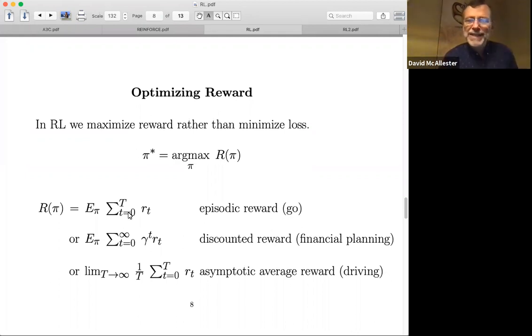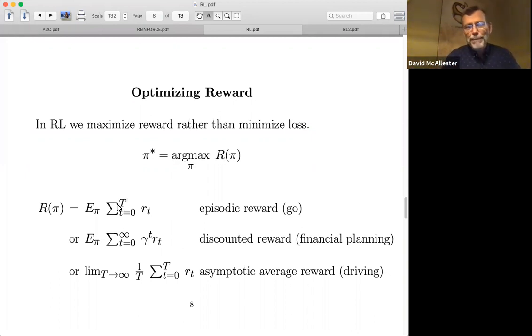However, unfortunately, there are different ways to define the reward that a policy achieves. Maybe the simplest is what's called episodic reward. The idea here is that there are episodes, like in the game of Go, or any board game. You play the game, you either win or lose. That is an episode. So you divide your actions, your life, into these episodes, and you're looking at the reward within each episode.